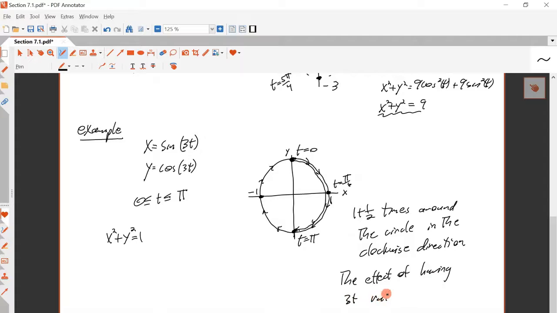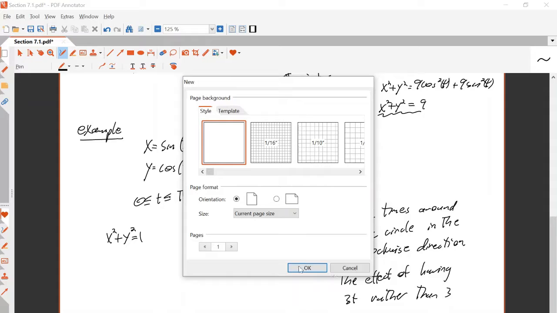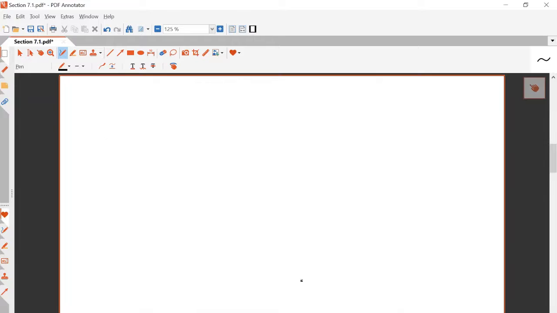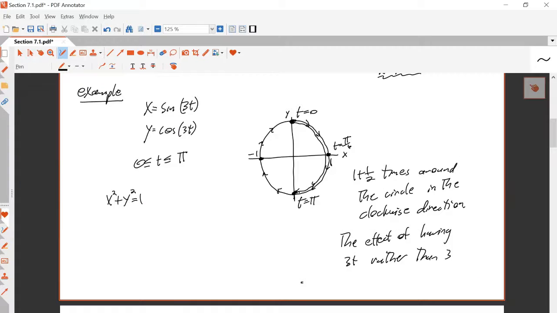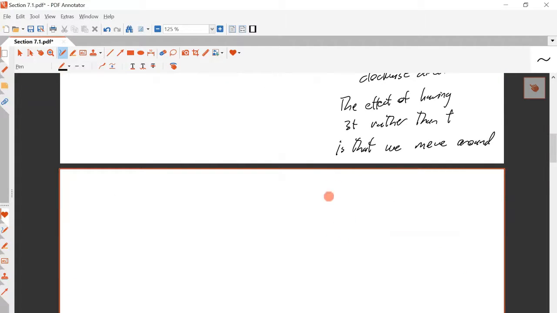Three t rather than t means that we move around the circle 3 times as fast.